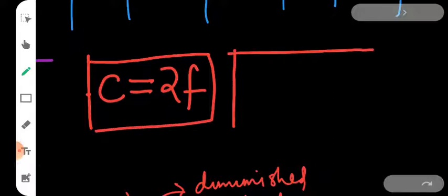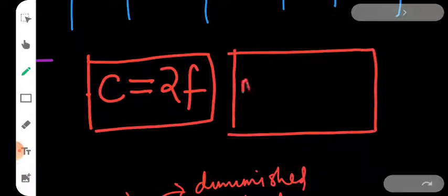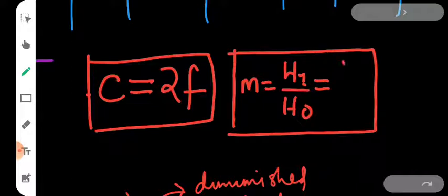For the magnification, you have two equations. Actually, both ratios are similar. See, there is no negative sign here. In the case of a mirror, there was a negative sign. The magnification m was minus v by u, but in the case of a lens, it is just v by u.